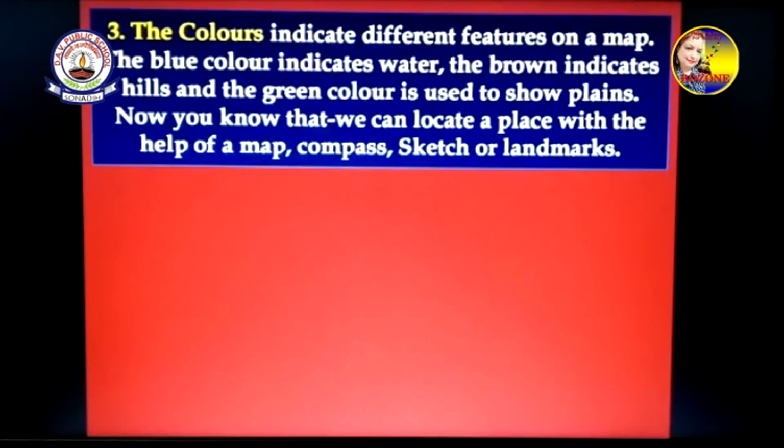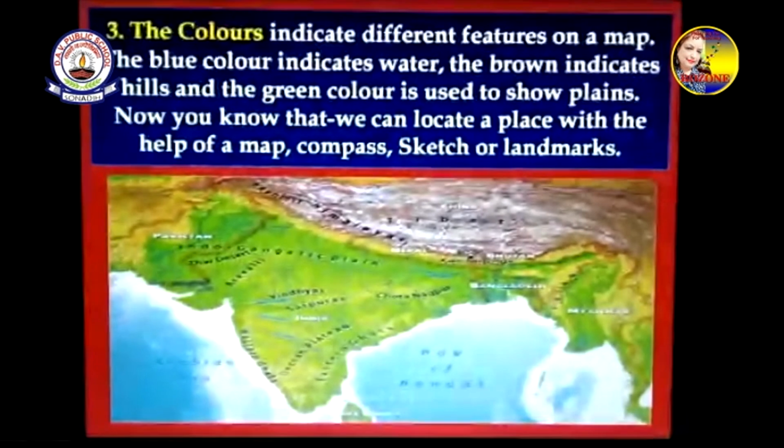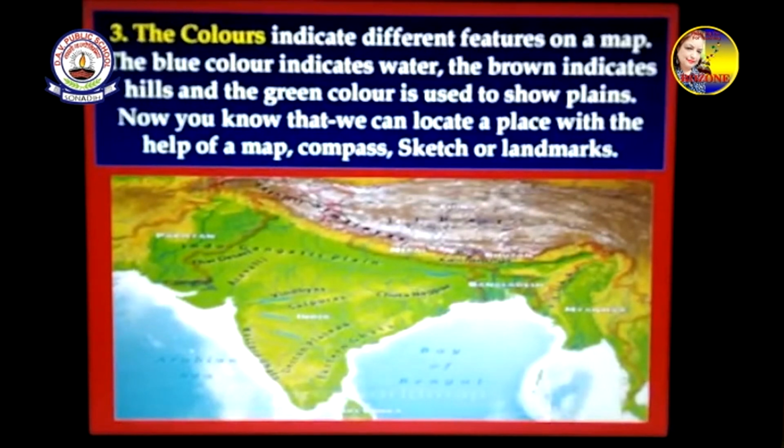Now you know that we can locate a place with the help of a map, compass, sketch or landmarks. You see, this is the map which is showing the colors.